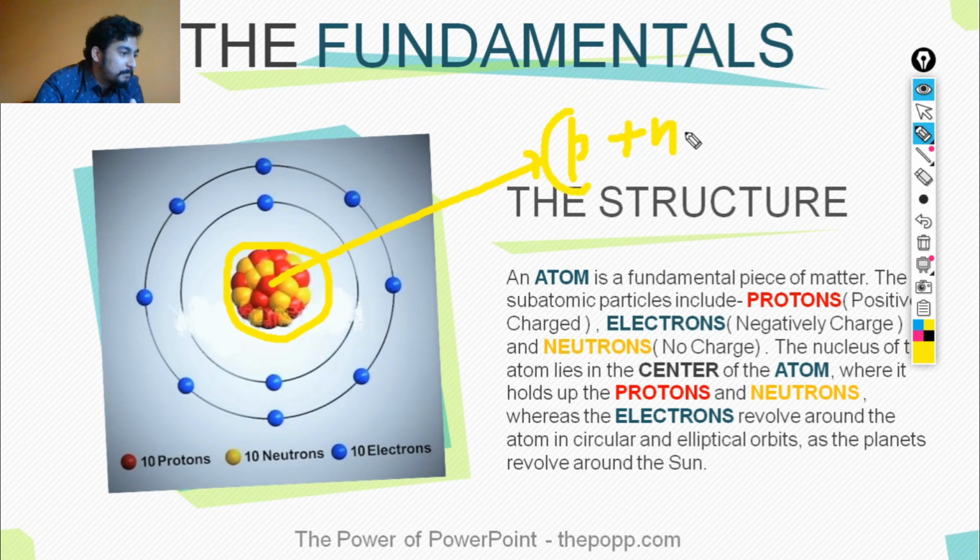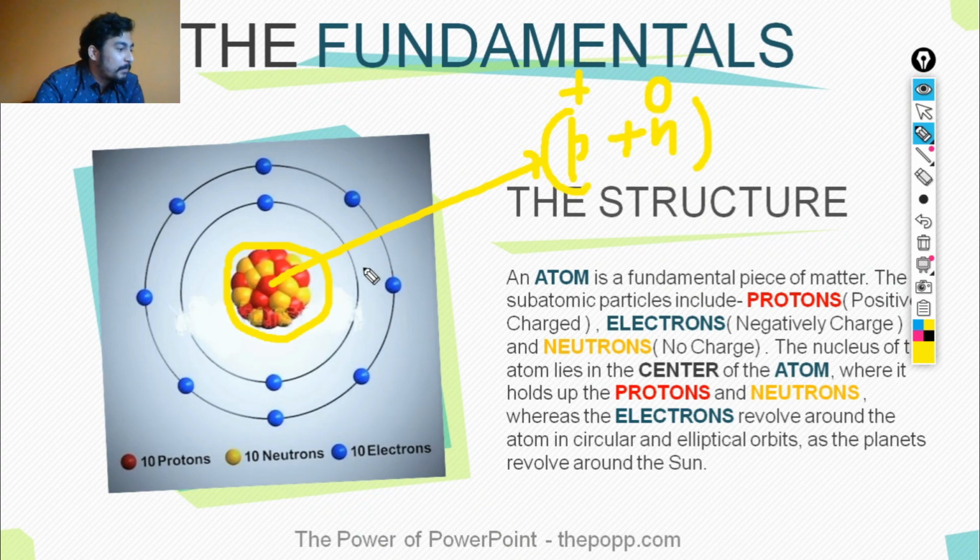A proton is a subatomic particle which is positively charged, and a neutron has no charge, it is zero. That is the main reason why the nucleus is also positively charged: the neutron has no charge and the proton is positively charged, hence the charge of the nucleus is positive.